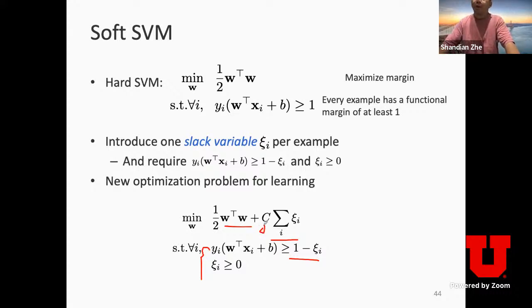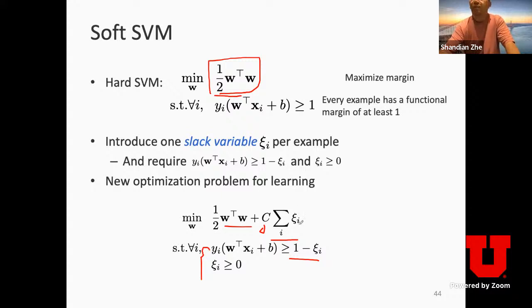Right? So now I want to ask, why do we change the objective function as well? In the hard SVM, we know that the objective function is just half the squared norm of w, right? But now in the soft SVM, in addition to that term, which corresponds to the margin, we also add a summation of the slack variables, right?